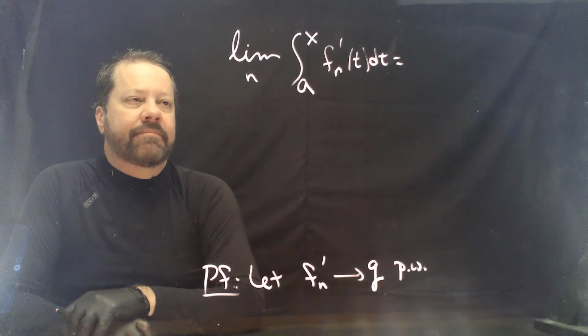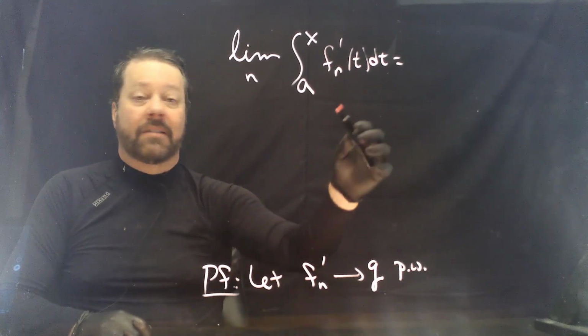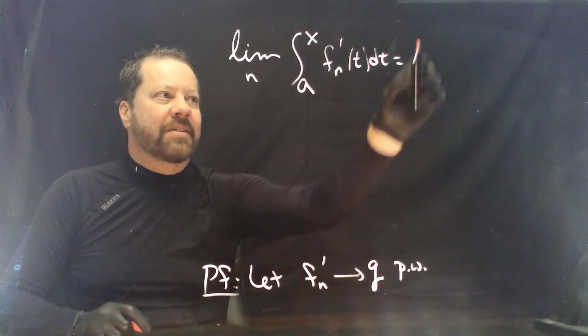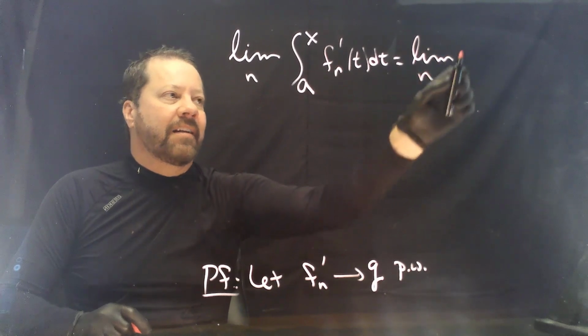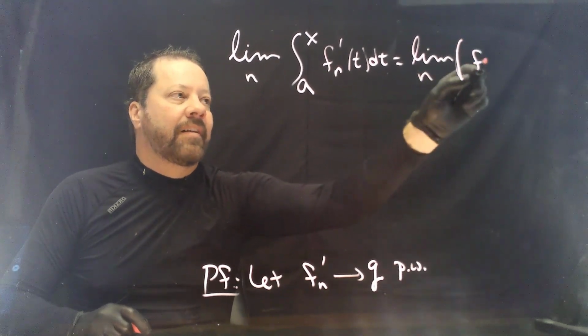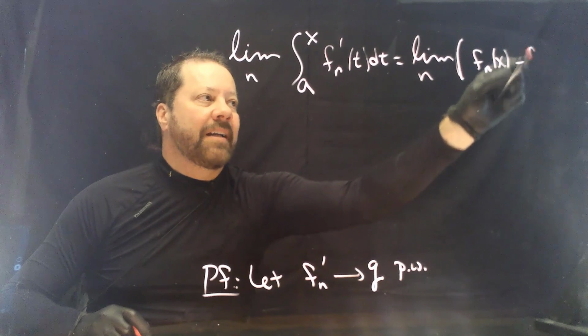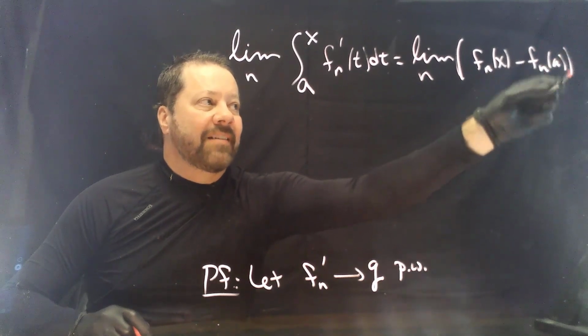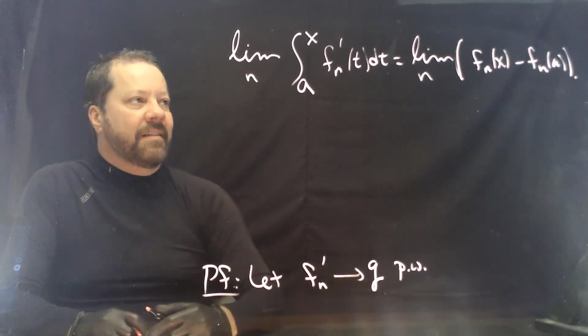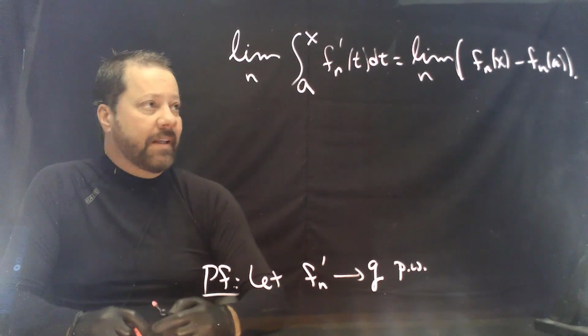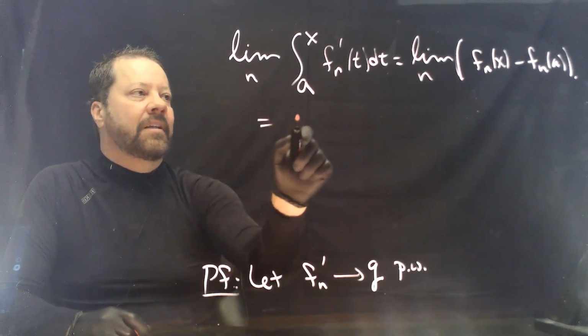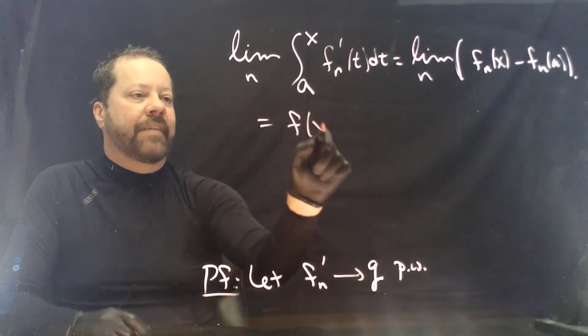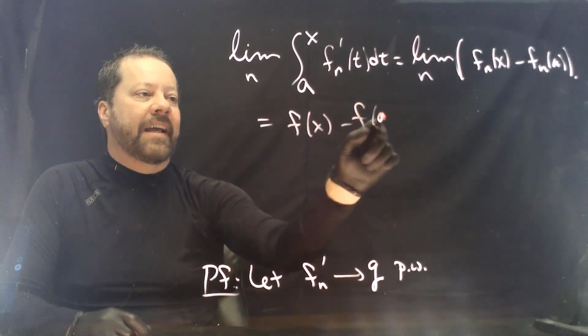Well, by the fundamental theorem of calculus, this will be the limit on n of fn of x minus fn of a. These fn functions converge uniformly to f, so we'll have f of x minus f of a.